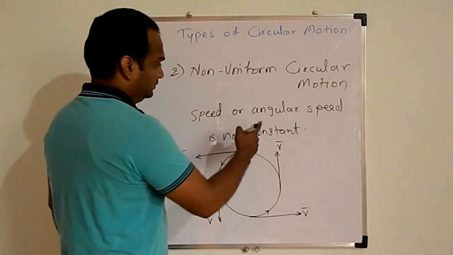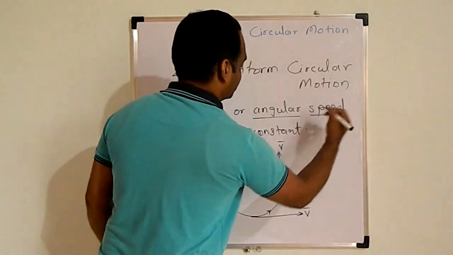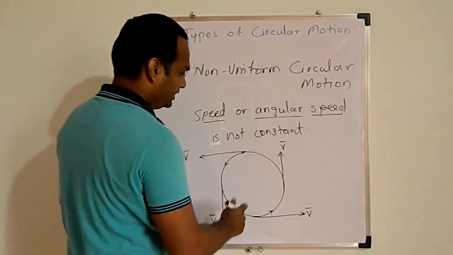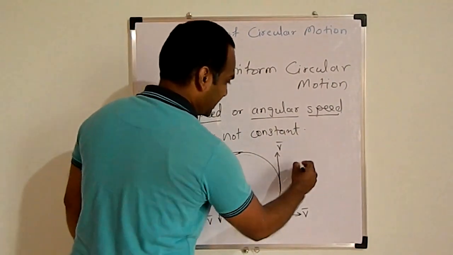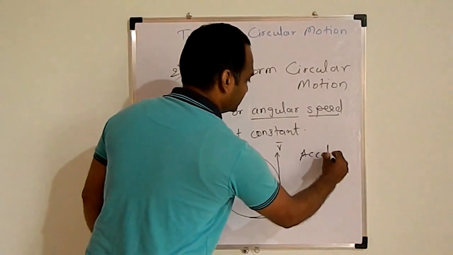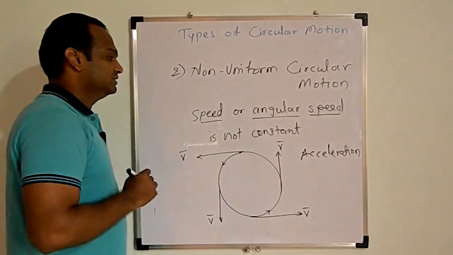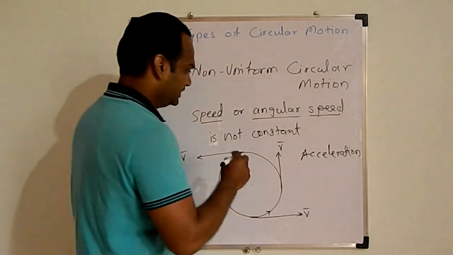Now, see, the speed or the angular speed is not constant, which means the velocity is always changing, and the reason behind this changing velocity is acceleration.